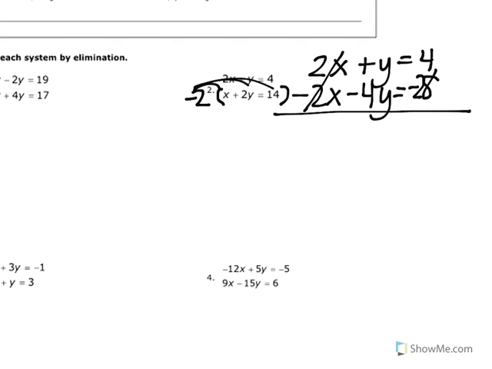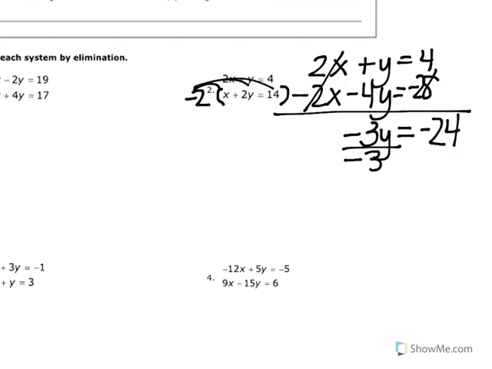Remember, when your signs are different, subtract and keep the sign of the bigger number. So that's going to be minus 3y. 4 minus 1 is 3. So we have minus 3y equals, and here we have it again, a positive 4 minus 28. Subtract and keep the sign of the bigger number. So this will be minus 24.